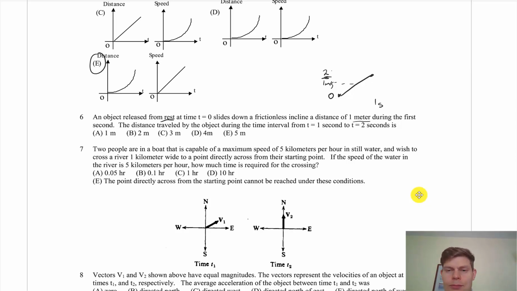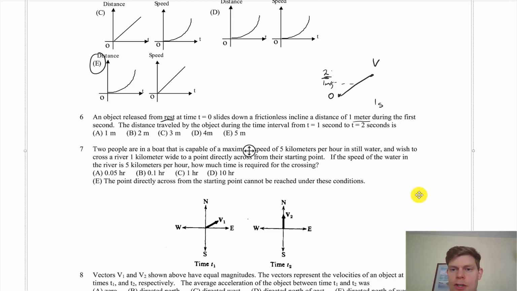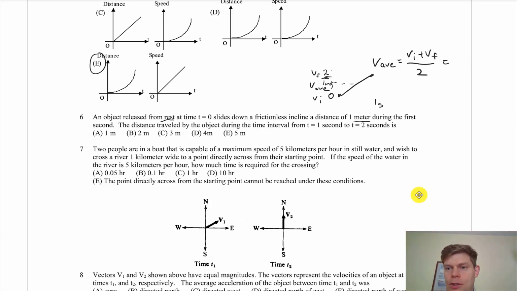If you're having trouble with that, you can just do V average is equal to V initial plus VF over 2. And if this is VF, and this is VI, and this is V average, you could rearrange this and solve.